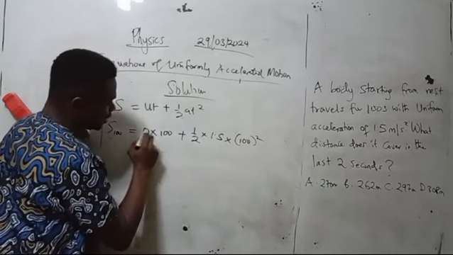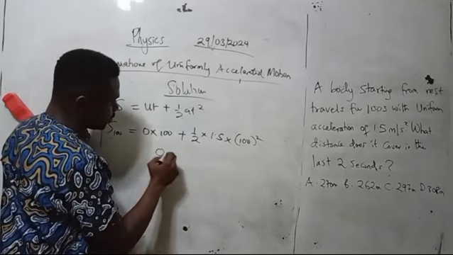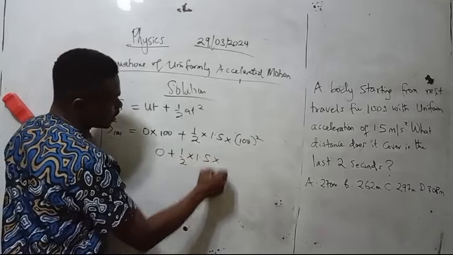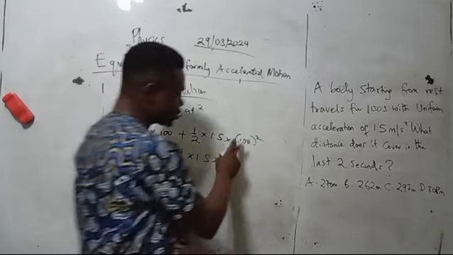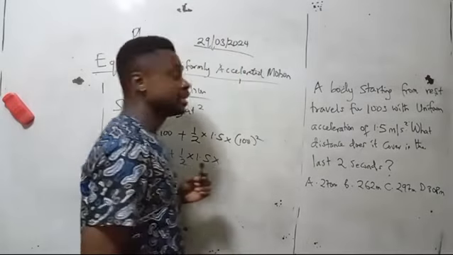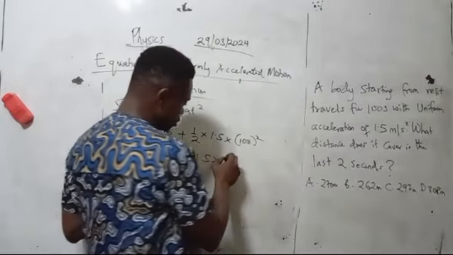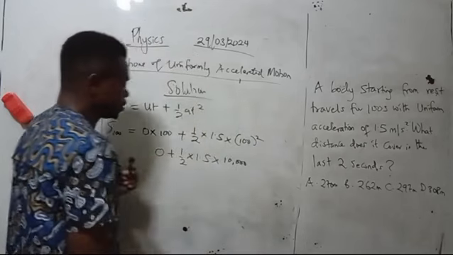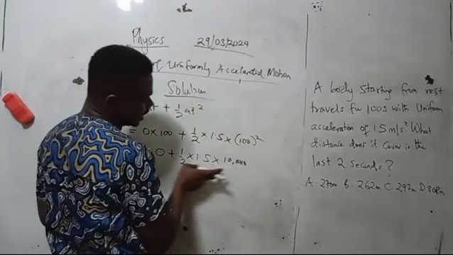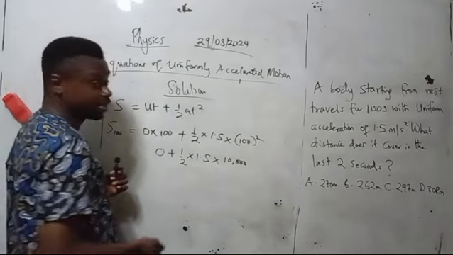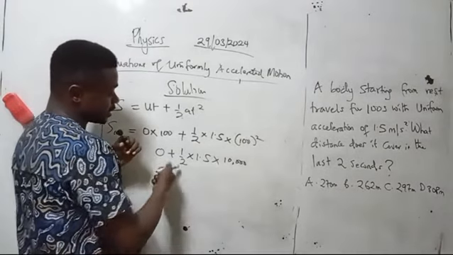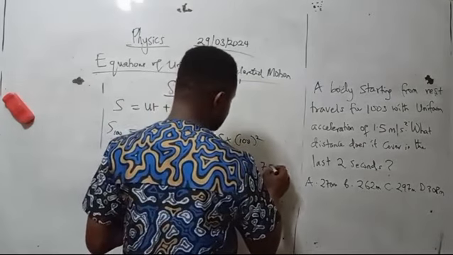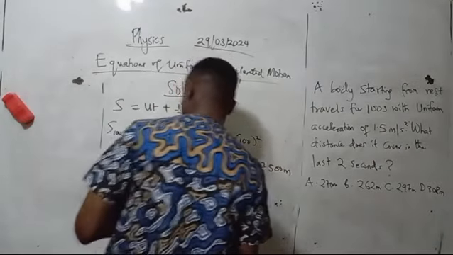So here is 0 plus 1 over 2 times 1.5 times 100 times 100, which is 10,000. So 10,000 times 1.5 is 15,000. 15,000 divided by 2 is 7,500. So here is 7,500 meters.